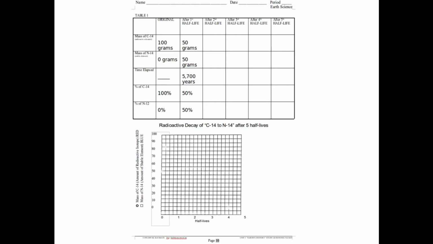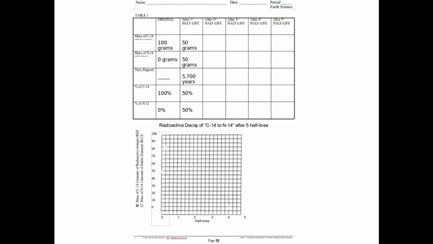So if we had a sample that had this sort of idealized 100 grams, and I'm doing this for mathematical purposes, and we were to take that and go 5,700 years into the future, 50% of that 100 grams would decay to a stable end product, but 50% would still be radioactive.